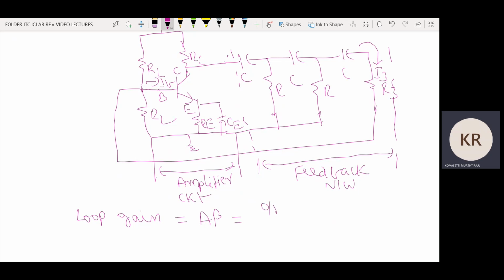It is the output current by the input current. The output current is I3, the input current is IB from the above figure. Okay?